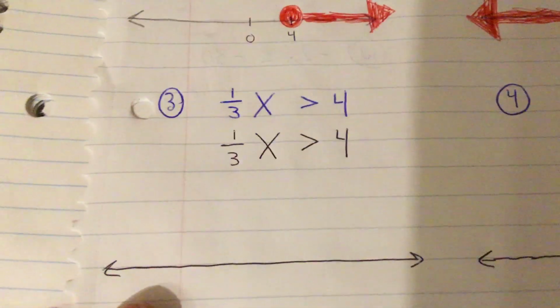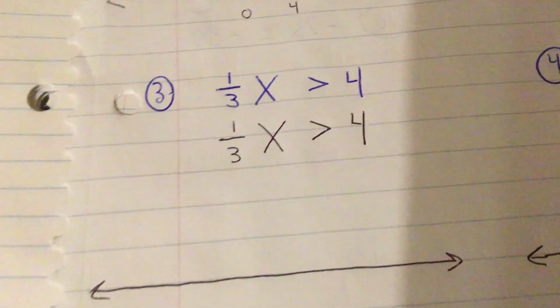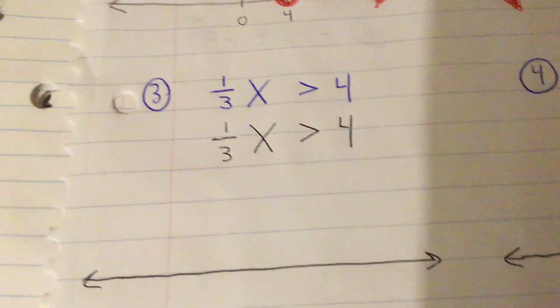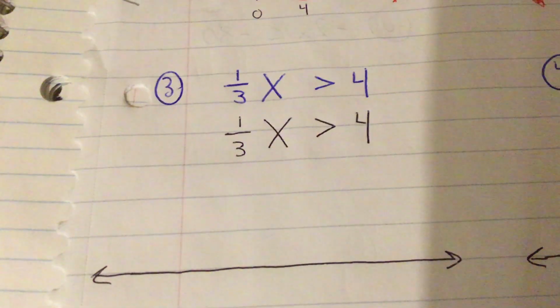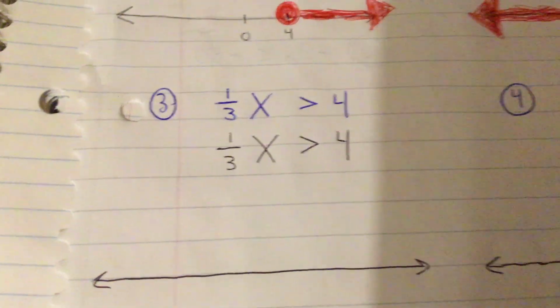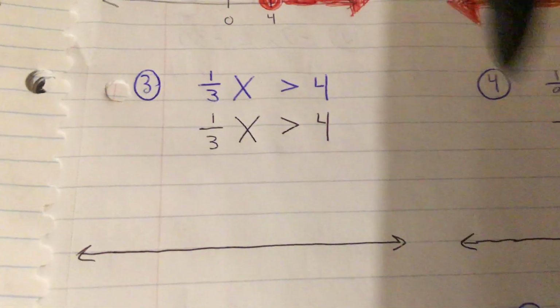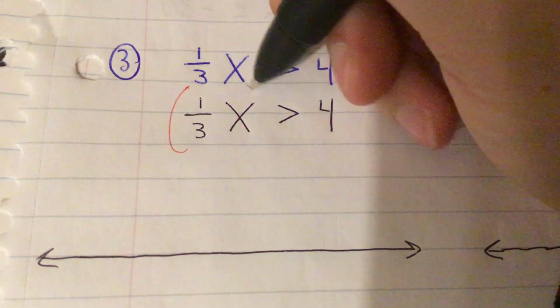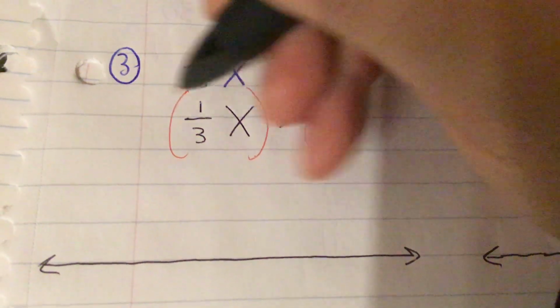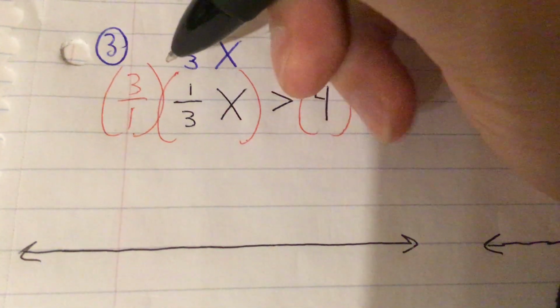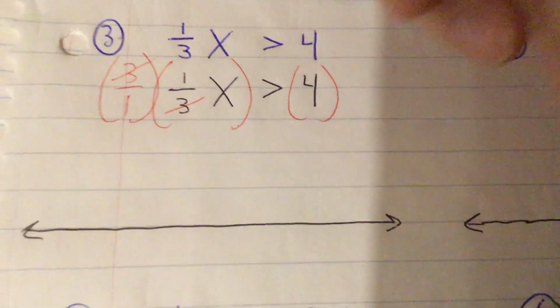Okay. Number 3, 1/3 of x is greater than 4. Well, in order to get x isolated, I need to multiply both sides of this inequality by 3 over 1. So I multiply the left side by 3 over 1, that cancels out.